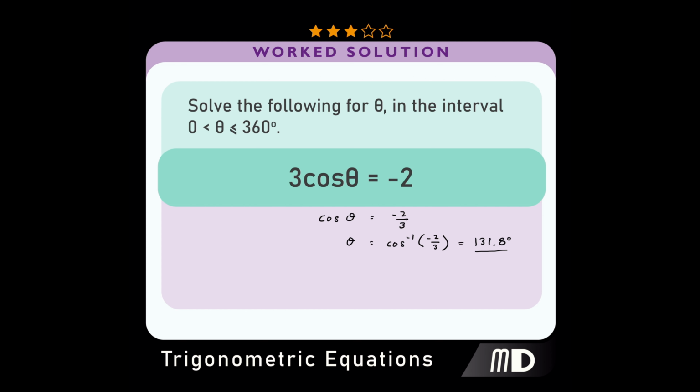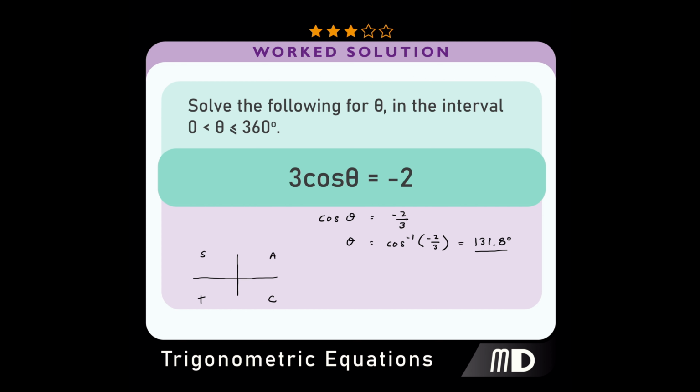To find all of the solutions in the given range, we need to draw a diagram of the 4 quadrants. A, S, T, and C in anti-clockwise order. Abbreviations for all, sine, tangent, and cosine.